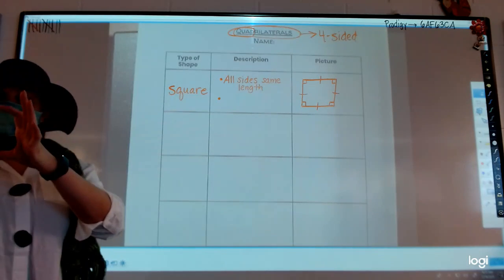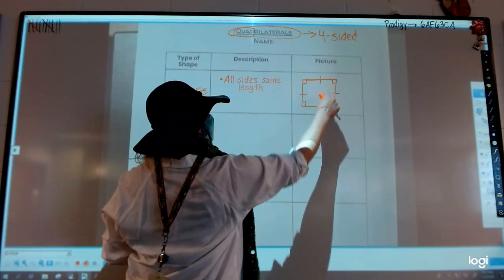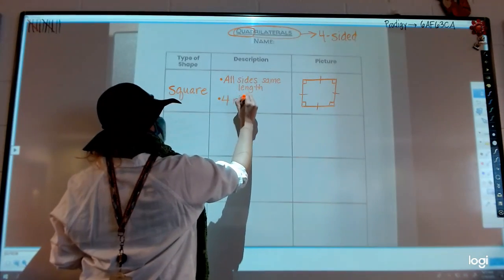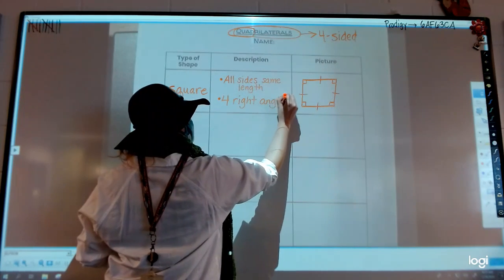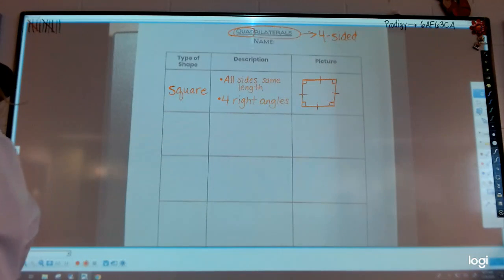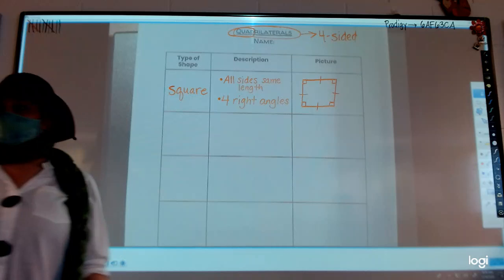A square, in order to be a square, it has to have all 4 sides the same length, and it has 4 right angles. And I bet you didn't know that squares had a definition, but that's what it is. So if a shape meets all these criteria, all the sides are the same length, 4 right angles, it is a square.